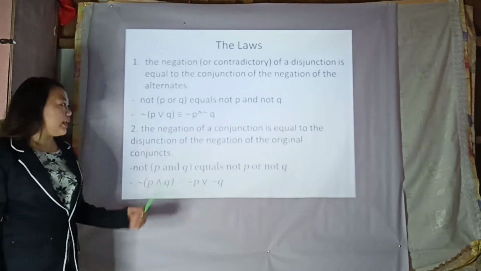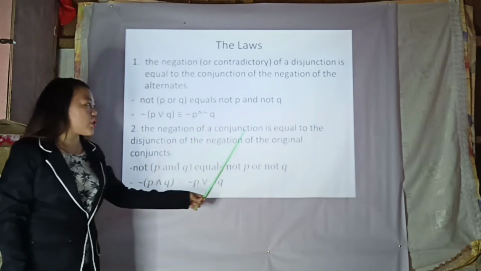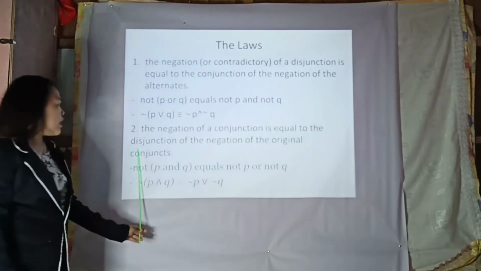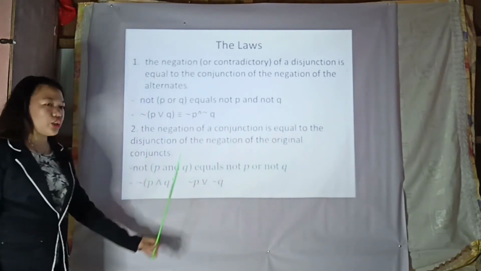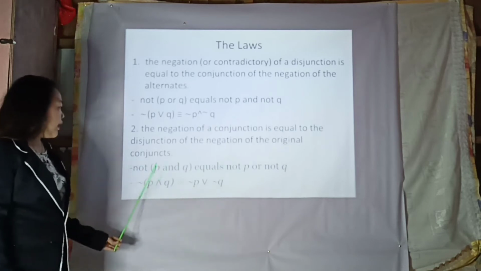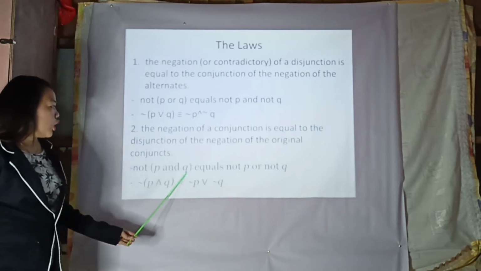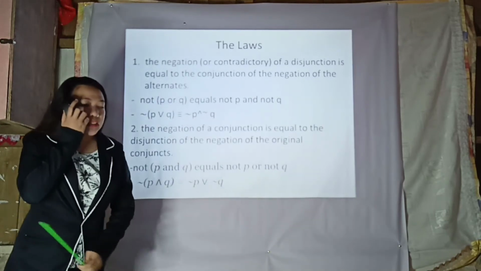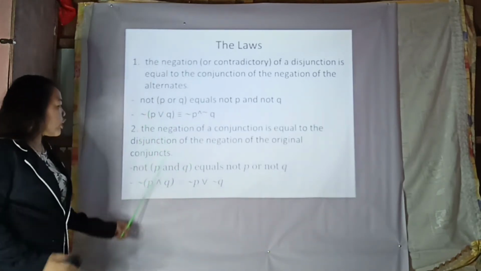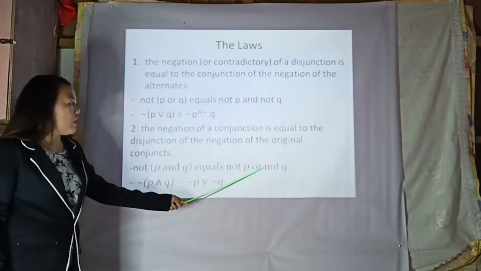The next law is the negation of a conjunction is equal to the disjunction of the negations of the original conjuncts. In this statement, not (P and Q) is equal to not P or not Q. As I said earlier, the negation of "and" will be "or."